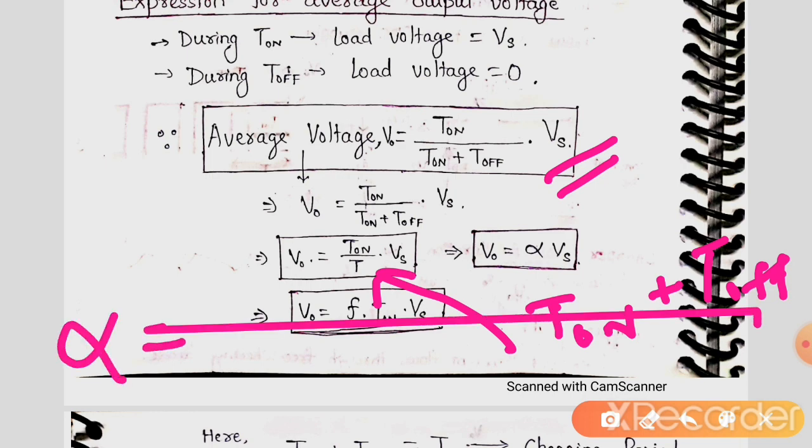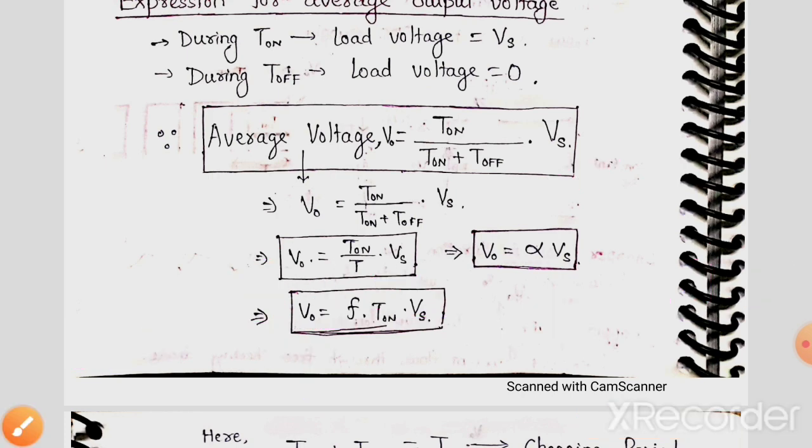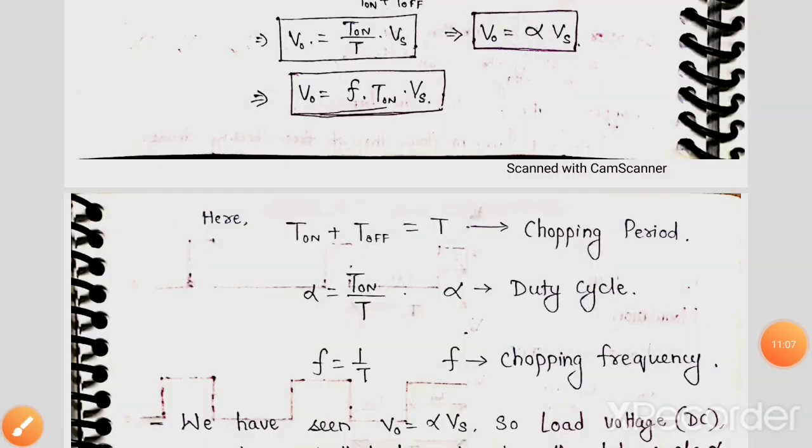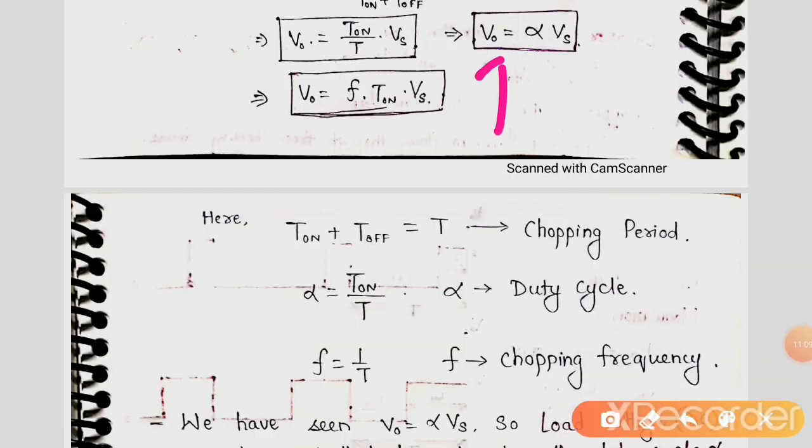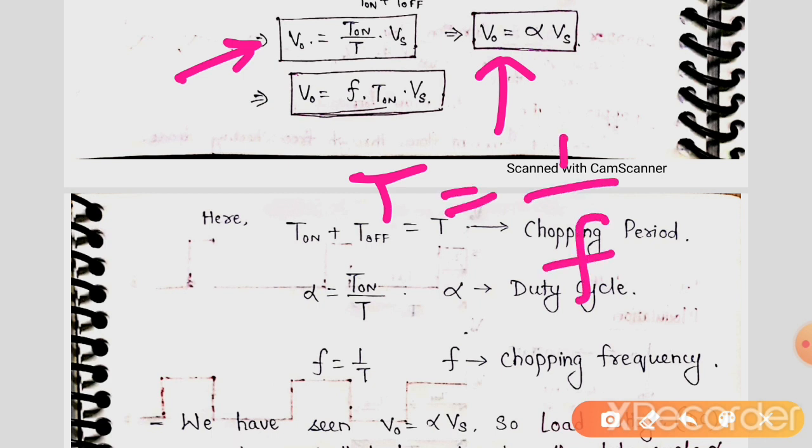It is represented by alpha, and alpha is equal to T on upon T. So the expression for average output voltage is V naught is alpha Vs, or V naught is T on upon T into Vs, or time period T can be written as 1 upon F, where F is the chopping frequency. So V naught is equal to F into T on into Vs.